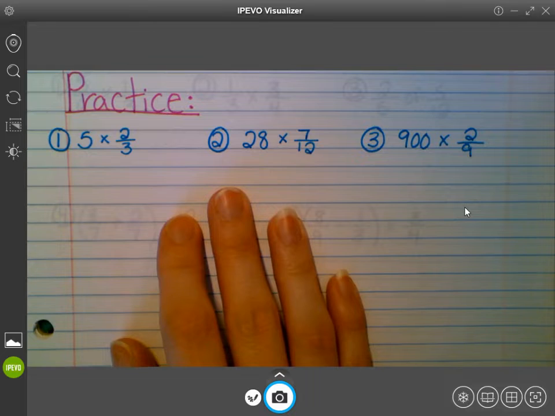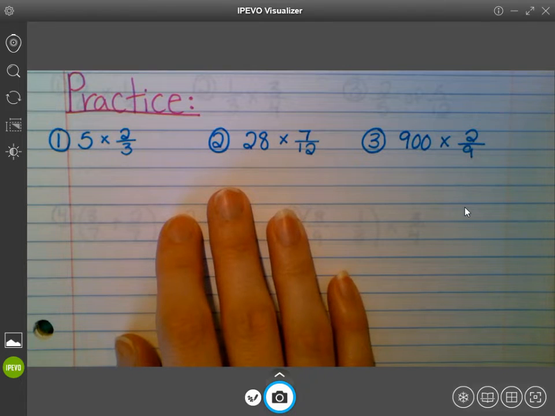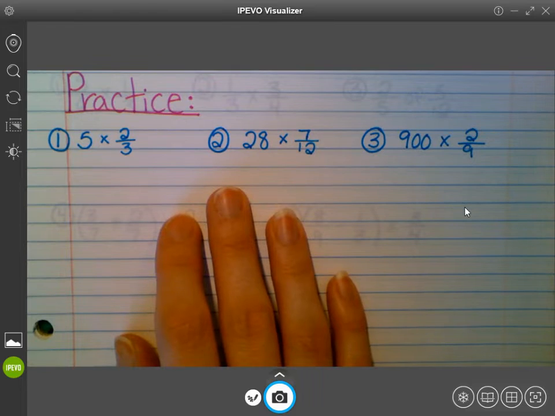Yep, we'll always put it over 1. Exactly. Because what you're saying when you have 900 over 1 is your whole has been broken into one piece, and you have 900 pieces, so 900 wholes. Does that make sense? Okay.